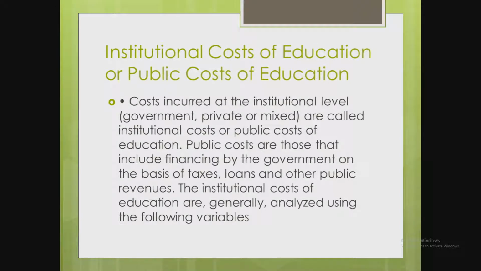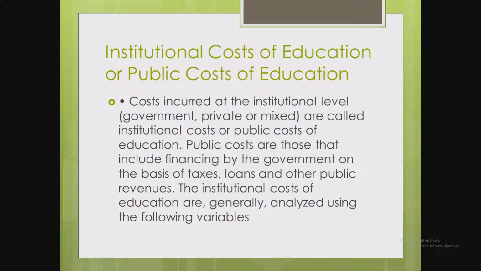Institutional costs of education or public cost of education. Costs incurred at the institutional level, which is the government, private, and or mix, are called institutional costs or public costs of education. Public costs are those that include financing by the government on the basis of taxes, loans, or other public revenues.